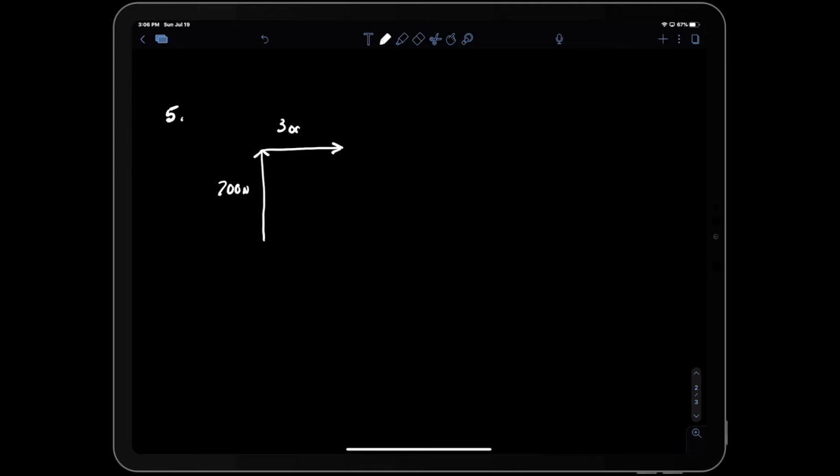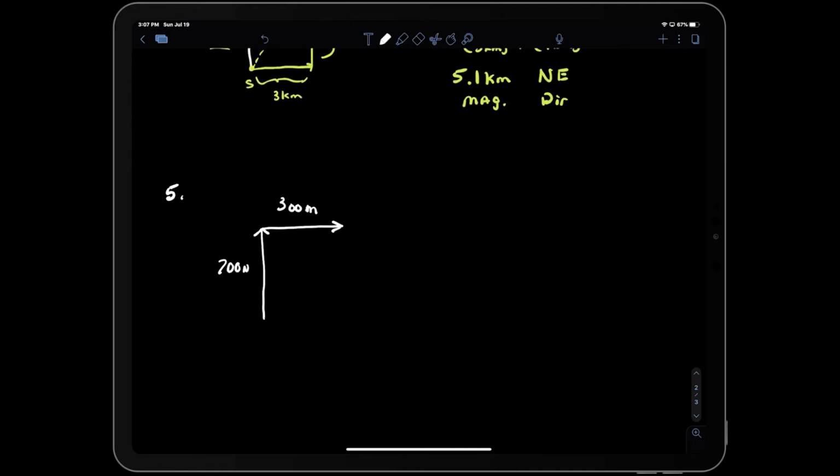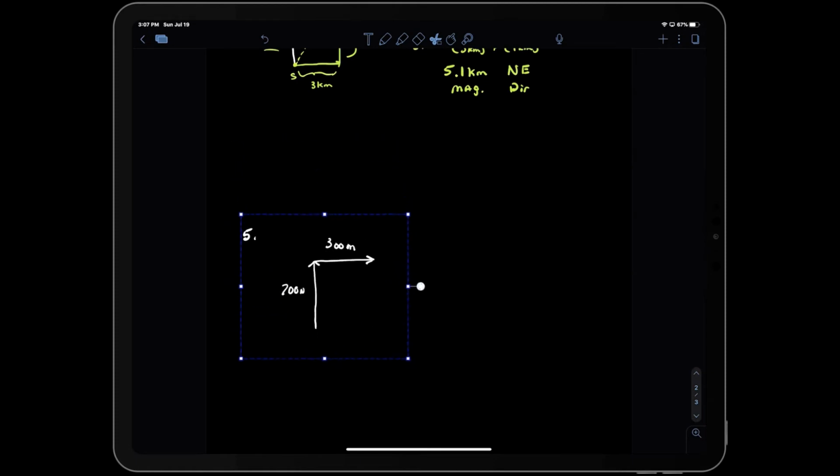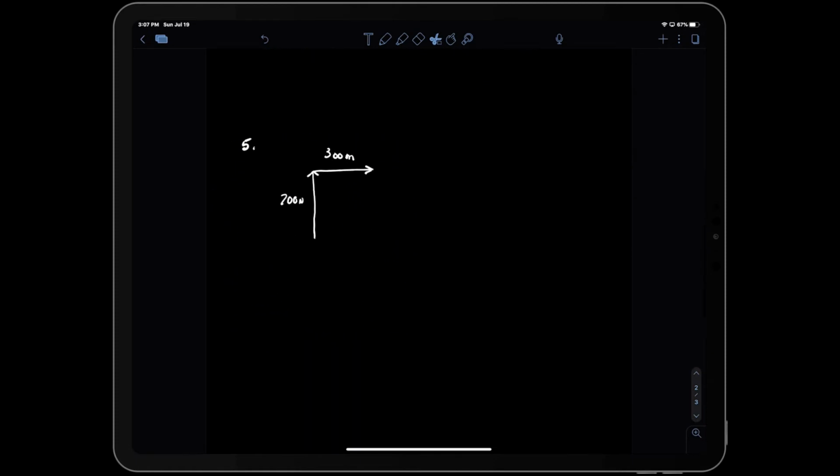So we'll have 300, and that was meters, east. And then 400 north. Oh, this is going to be a long one, isn't it? I should have drawn this in a different spot. Okay, we'll make a little more room. So we have 400 more north. So we'll have 400 north right here.